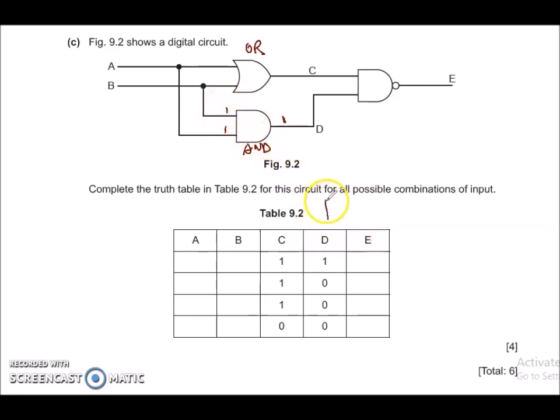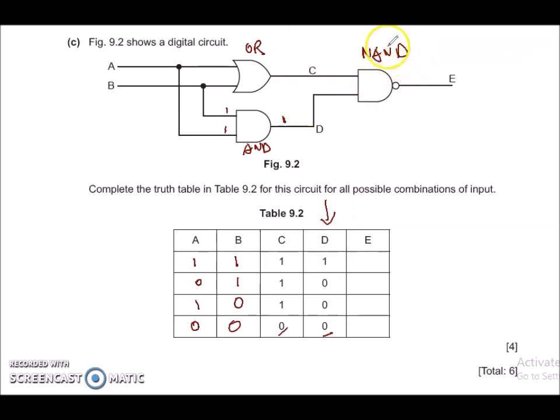So if we search for the D, confirm here is 1 1. The others can be 0 1 or 1 0. And you look at the C and D, right? So here will be 0 0. This is OR, AND gate, and here is your NAND gate. NAND gate, you just have to follow this part.